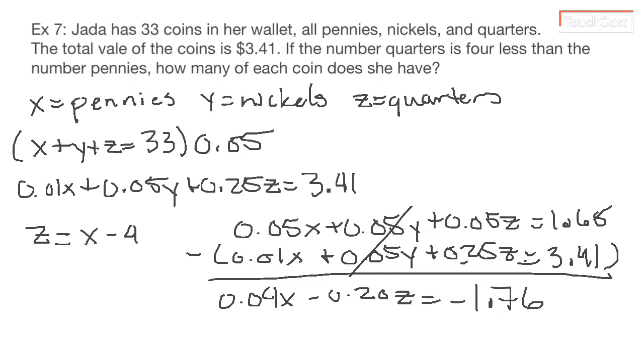So now, let's use substitution to solve this for x, because we know z is equal to x minus 4. So on my next page, I'm going to substitute x minus 4 in for z.